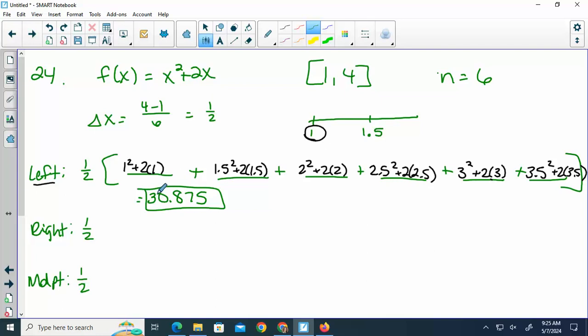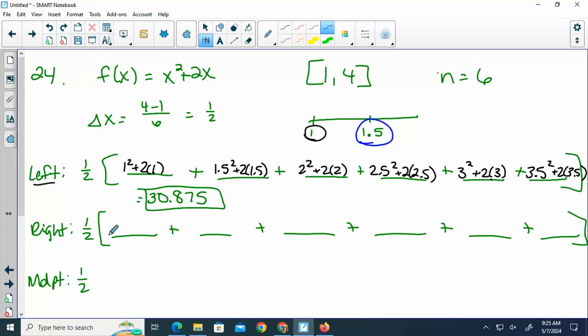Then the right-hand sum. So if I'm dealing with this from the right, which number is on the right? The 1.5. So the first number I plug in is the 1.5. And then it's all the same. So we're starting with this one.